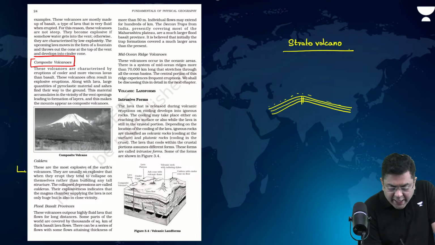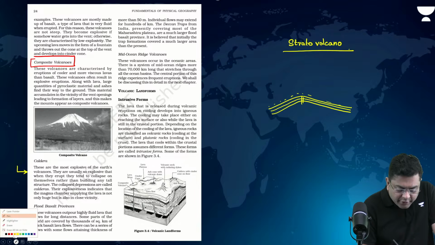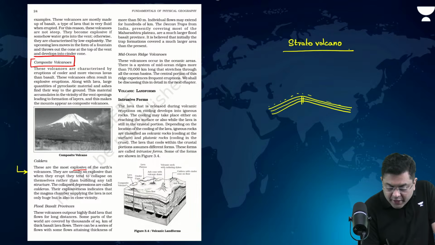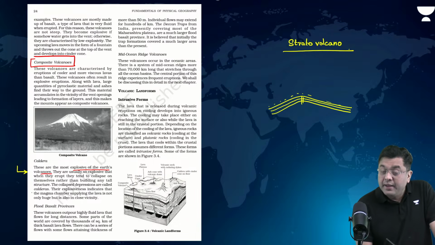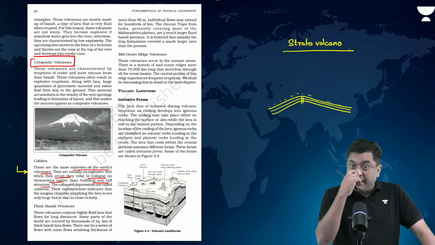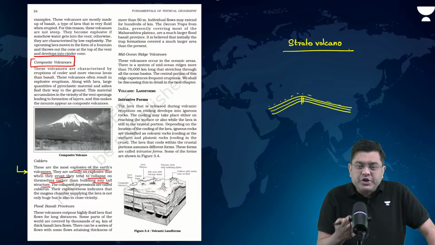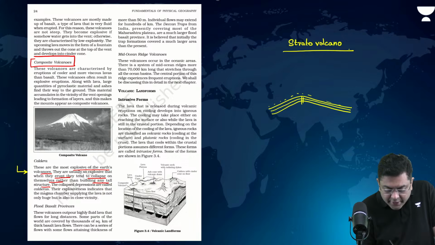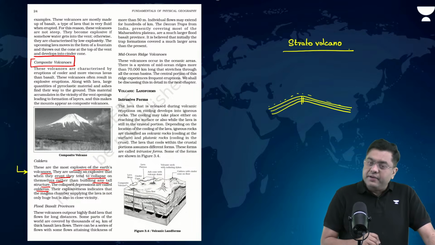One of the most explosive of the Earth's volcanoes. They are so explosive that when they erupt, they tend to collapse on themselves rather than building any tall structure. The collapsed depressions are known as calderas.